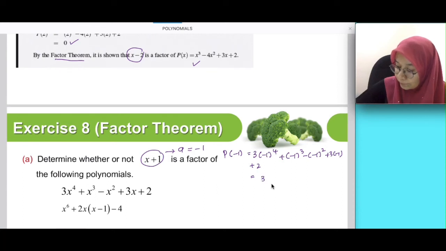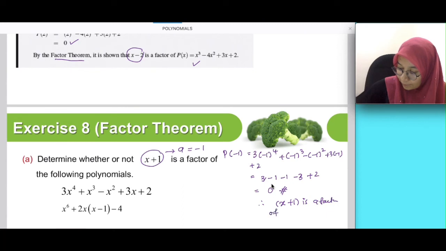So 3 minus 1 minus 1 minus 3 plus 2. Here 3 minus 3 is 0, minus 2 plus 2, so you will get 0. So x plus 1 is a factor of this P(x).